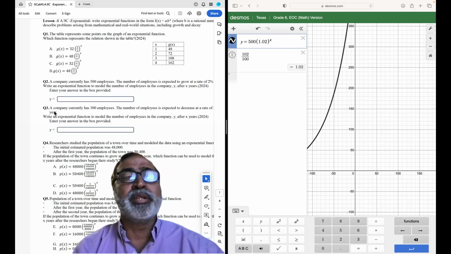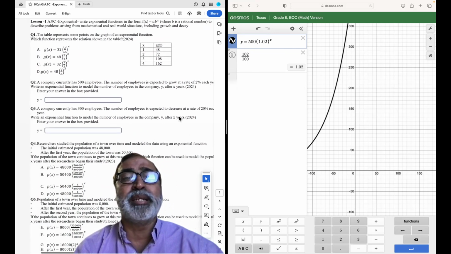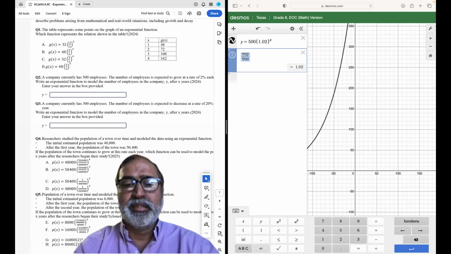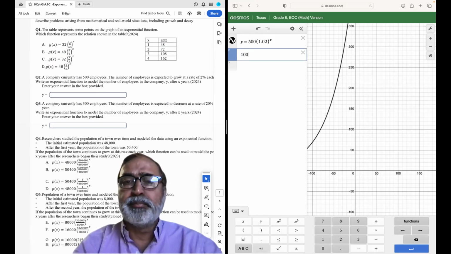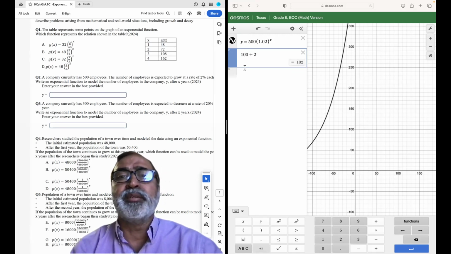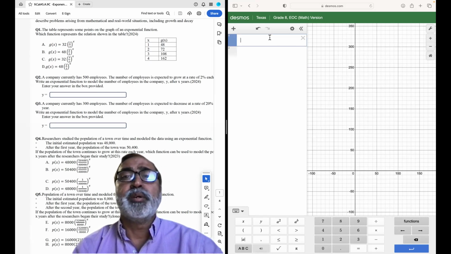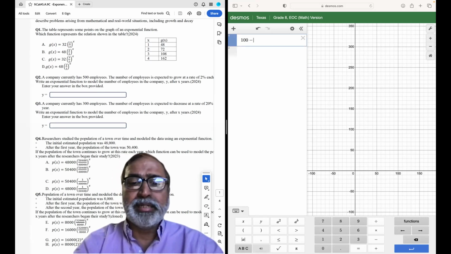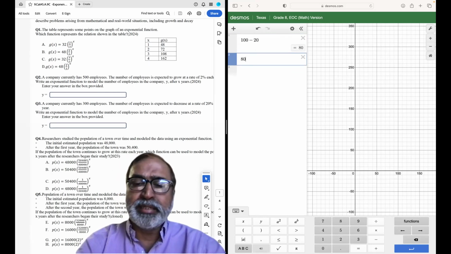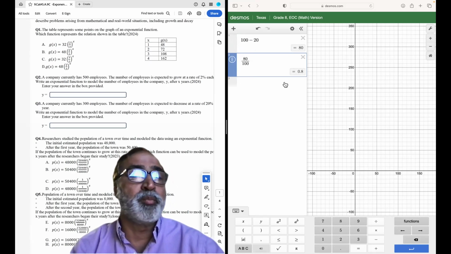Now question 3 says they are expected to decrease by 20%. Same thing, with growth we did 100 percent plus 2% gives us 102, and we converted it into a decimal. For decay, you will do 100 minus 20, which gives you 80, and then you change 80% to a decimal, which is 0.8.